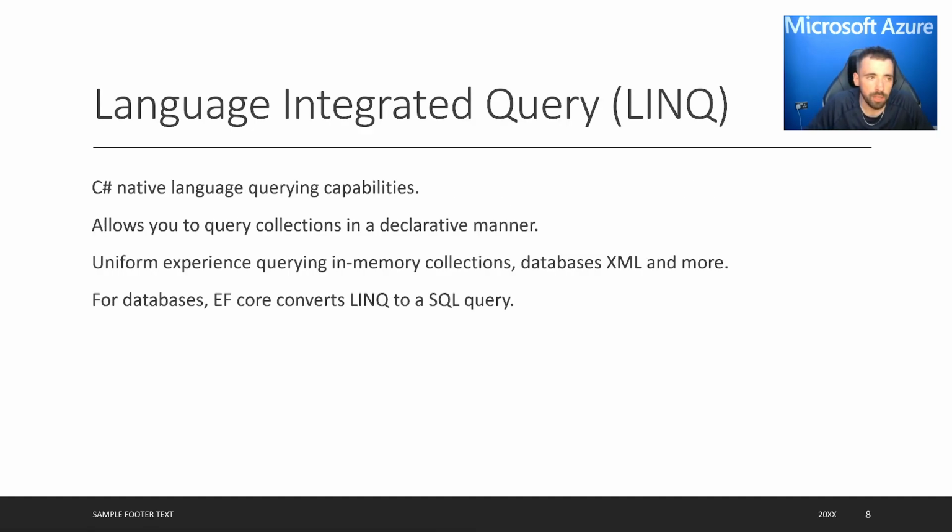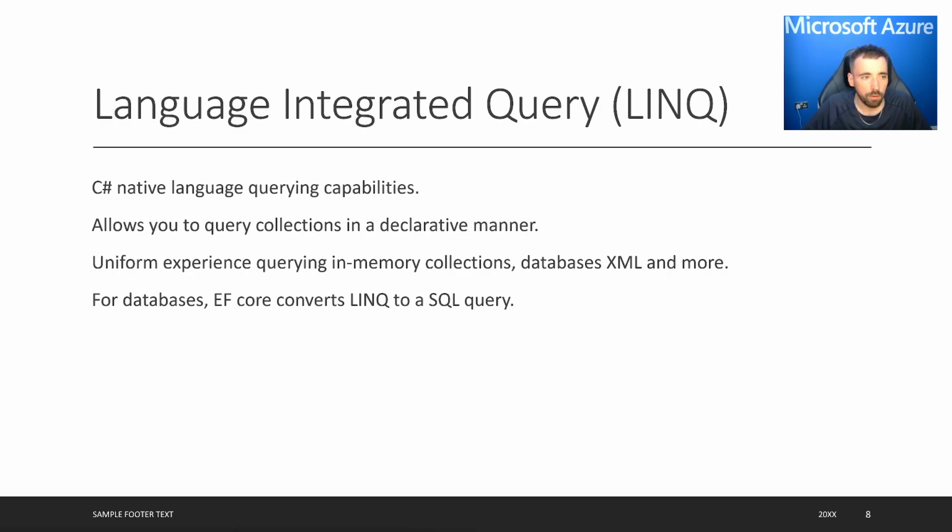The next concept is language integrated query, also known as LINQ. Traditionally we've got raw SQL queries that we might use to query the database, something like select star from table name where something is equal to true or false, etc. Now, language integrated query allows us to perform queries natively in C#.